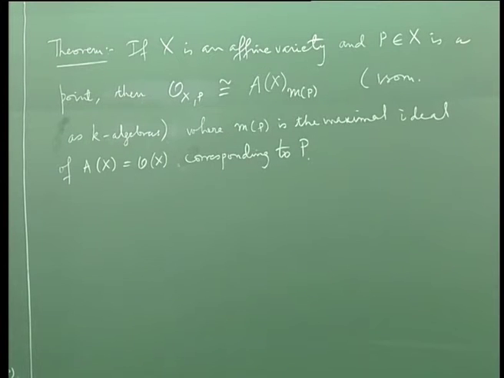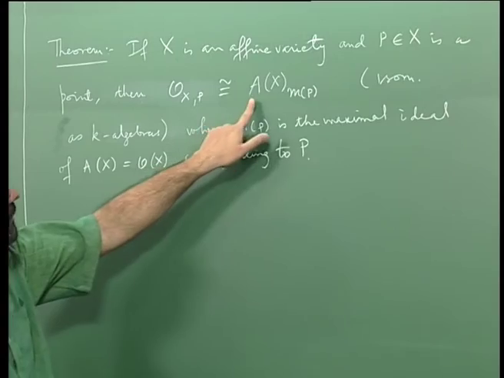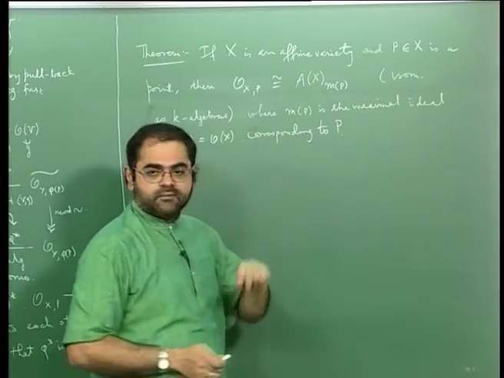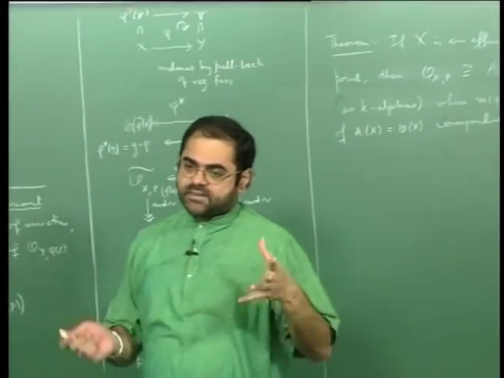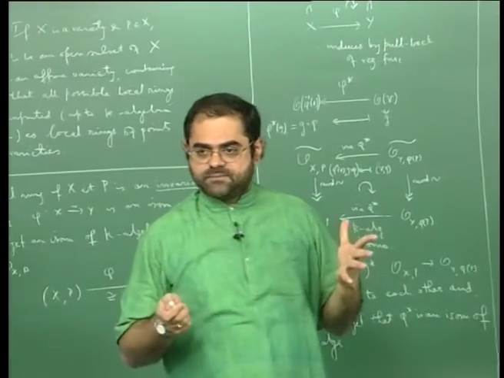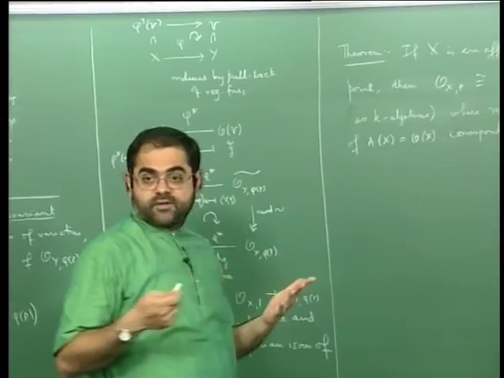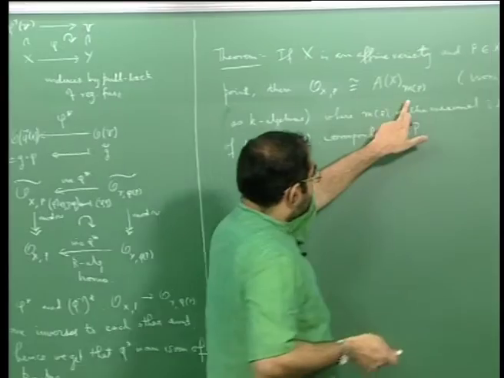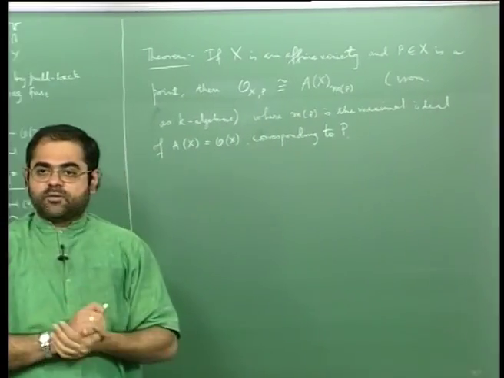The local ring is just gotten by taking the affine coordinate ring of the affine variety, which is also the same as the ring of regular functions. These two are the same for an affine variety, and then you localize at the maximal ideal that corresponds to this point.